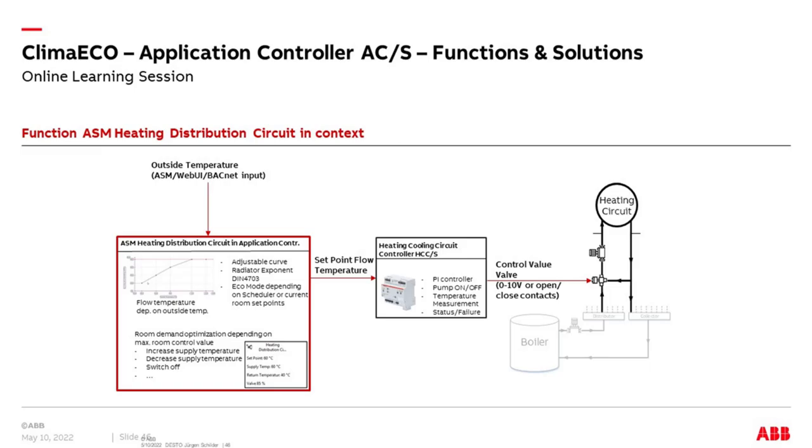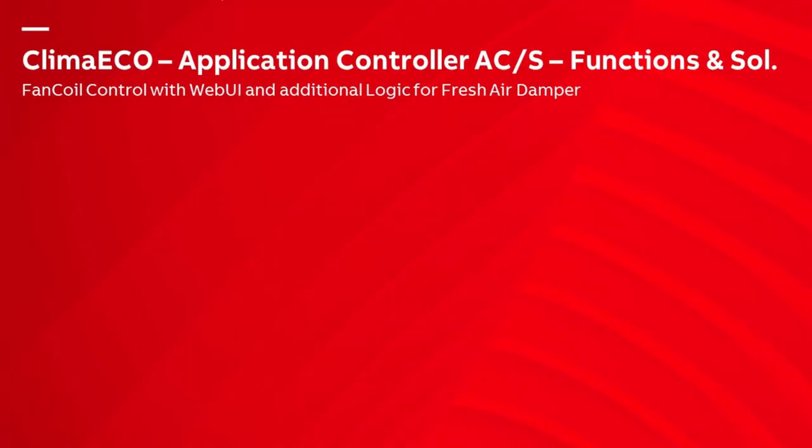But at the end, I would like to come to a further real function I've created as a small example. Also here I will go into some more details on Thursday in the practical demonstration. What did I do here? Fan coil control with operation and displaying values in the WebUI, and additional logic for a fresh air damper. What does it mean?